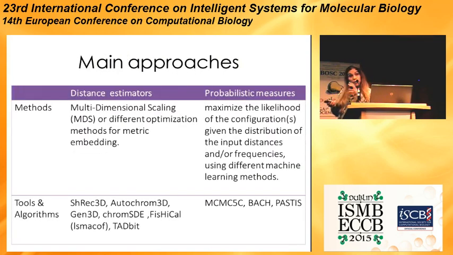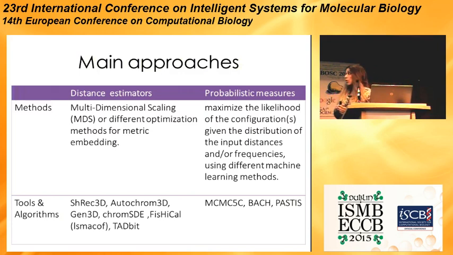Again, if we look into these main approaches in terms of methods, if you take the first approach, looking at contacts as distance estimators, you do multidimensional scaling or different optimization or simulated annealing, like Marty Random just showed you. The idea is to do metric embedding: take these distance estimators and create a 3D configuration or an ensemble of 3D configurations.